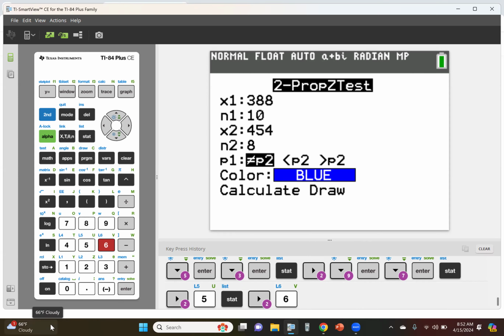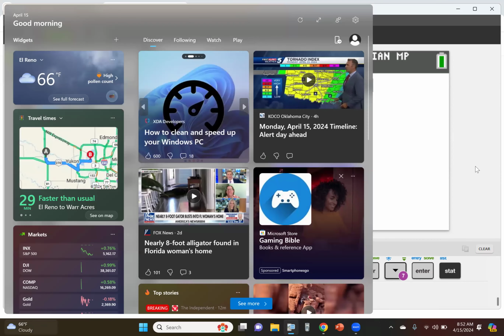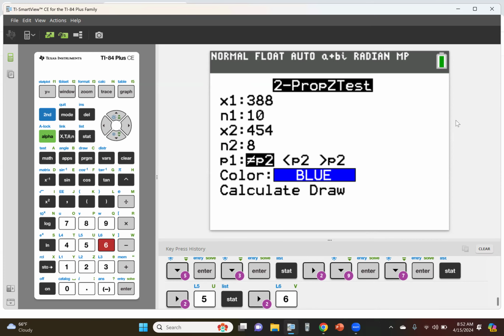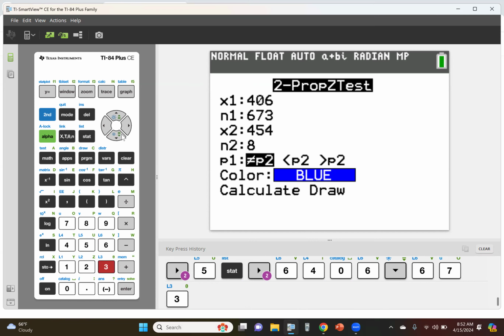Okay, so what did we get for the Republicans? We got 406 out of 673. And for the Democrats, 454 out of 694.